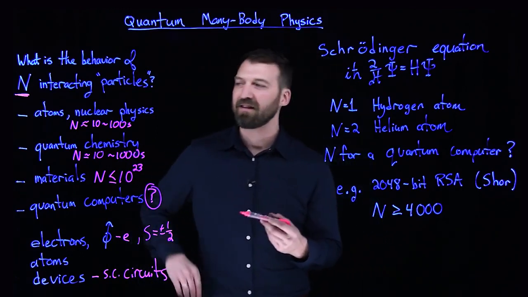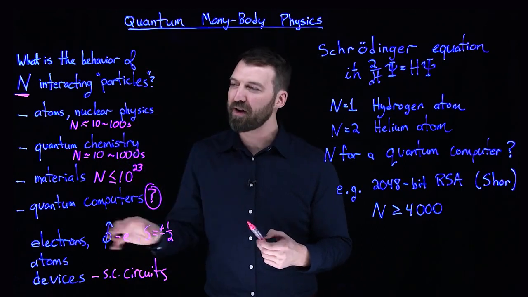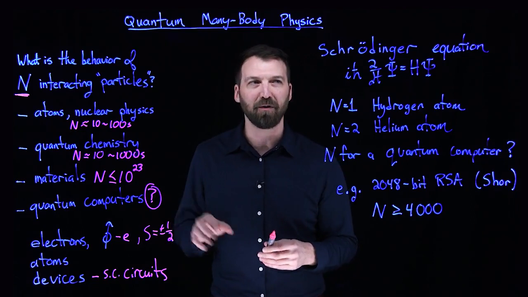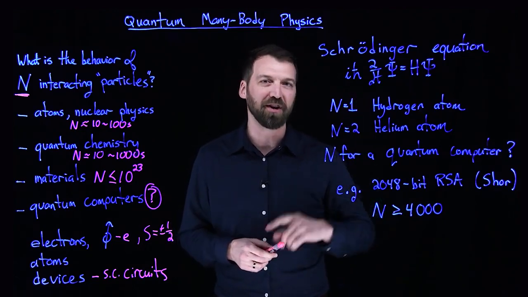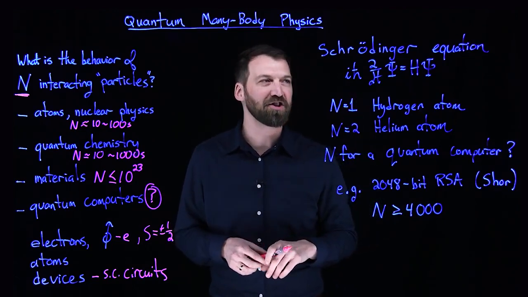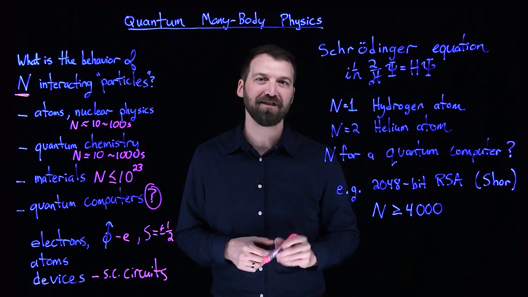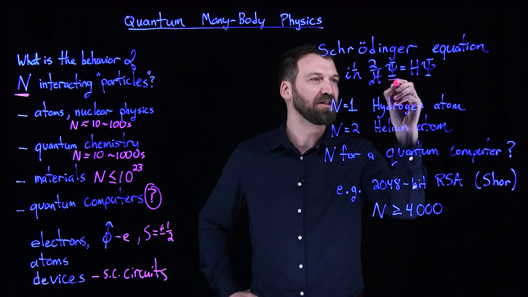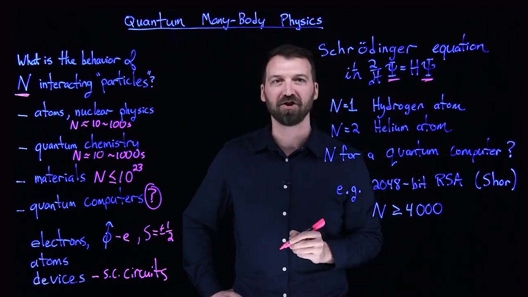All of these, no matter what type of system we're looking at, all of these quantum particles are governed by essentially the Schrodinger equation. The Schrodinger equation gives us the time evolution of a quantum system. And by system, I essentially mean this object here, which is the wave function.